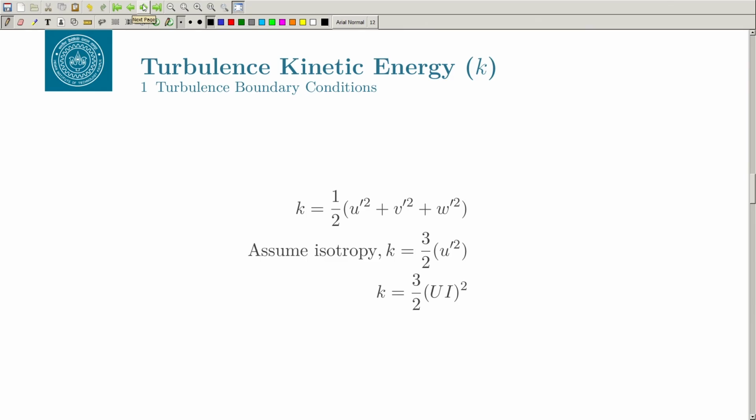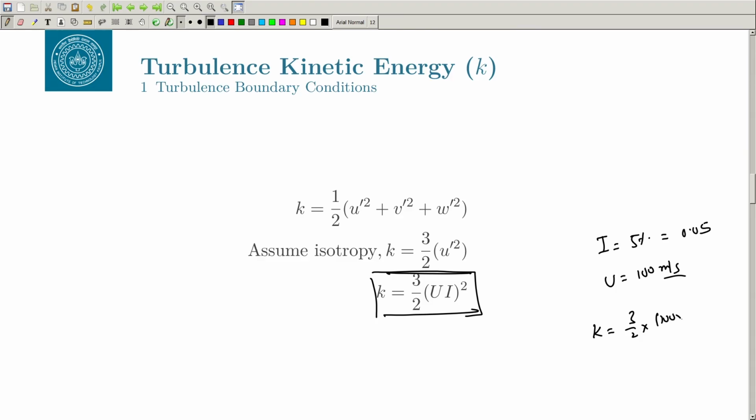Right. So, this we discussed, that when you assume isotropy, it becomes K equal to 3 by 2 into u_i square. So, if you know the intensity, let us say intensity is 5%, so that will be 0.05, and u is let us say 100 meter per second. So, your kinetic energy will become 3 by 2 into u into I, 0.05, into square.